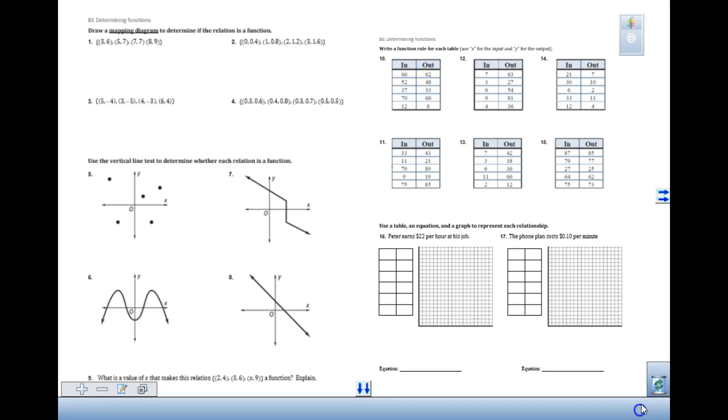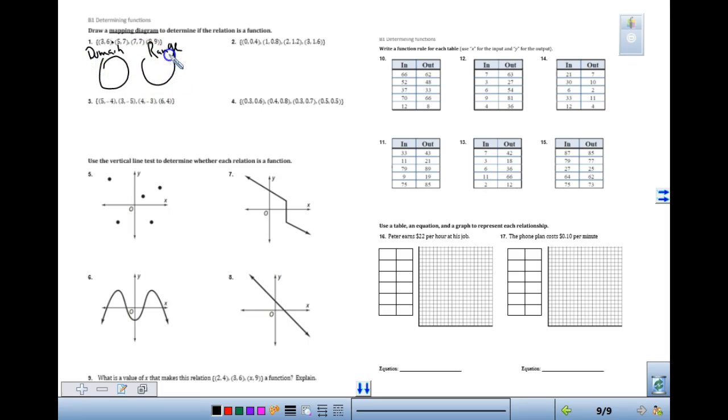Now, as you are working on your homework, I need you to make the mapping. I need you to put the word domain, and I need you to write the word range. I need you to show me how you map it, and then tell me if it's a function or not. So I still need to see this mapping.